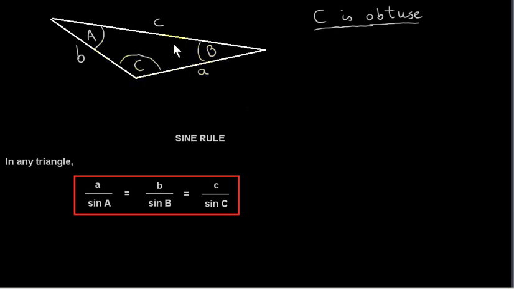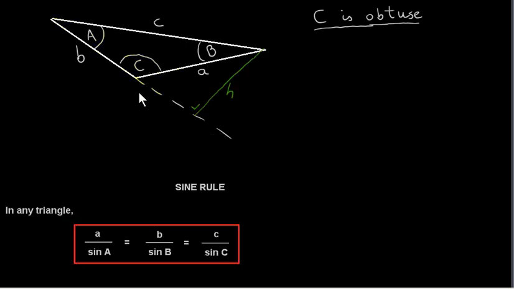Anyway, here's the picture. How are we going to consider the ratio C over sine C? How can we get the sine of angle C by referring to right angle triangles? Well, what we do is we extend this side here and consider this external angle of the triangle.